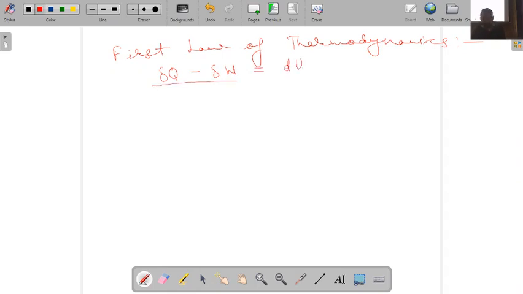So this is the first law of thermodynamics for a closed system. And if you have to write this law in specific form, then you will be writing it as del Q minus del W equal to d of small u.